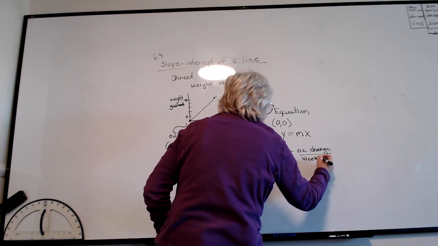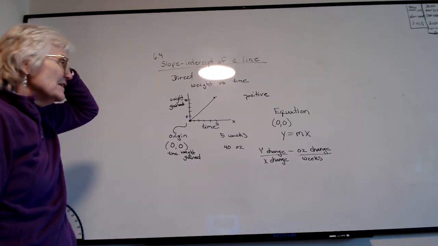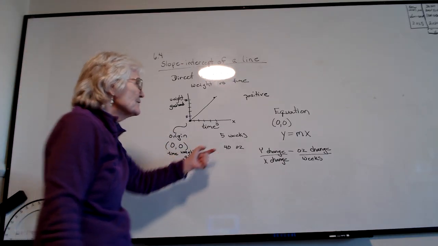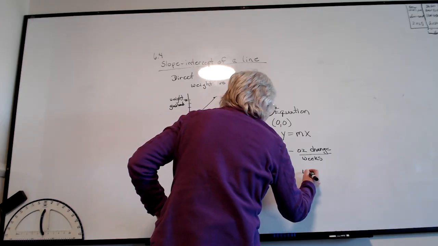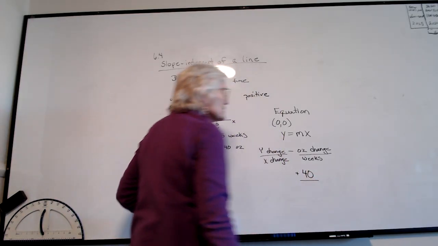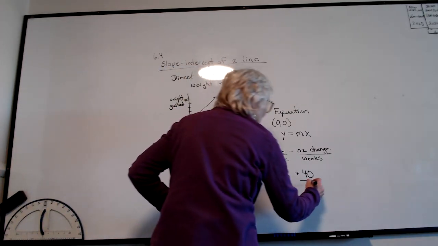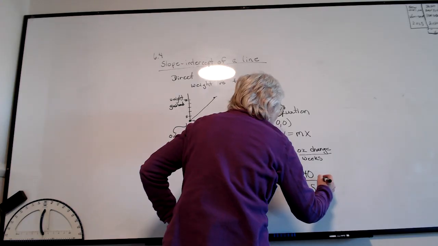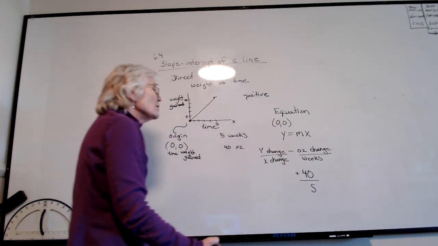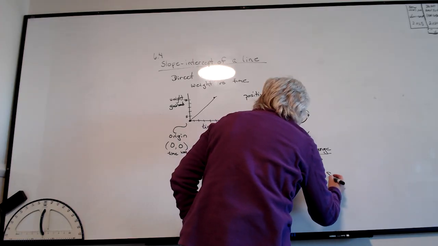Okay, and so in this case, the ounces changed was 40. Of course, we are going up in ounces because we're gaining weight, and it's over 5 weeks. So that is our slope, which we actually can reduce down to 8.